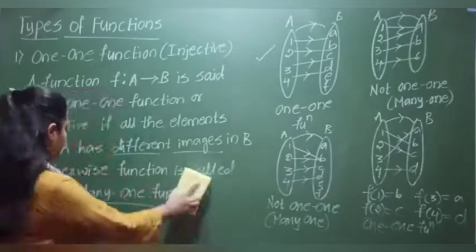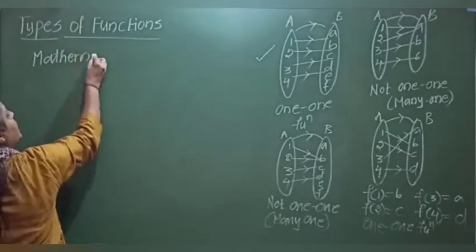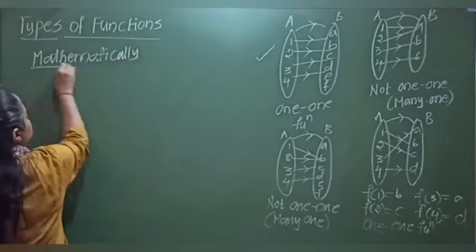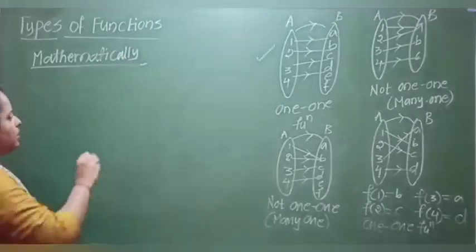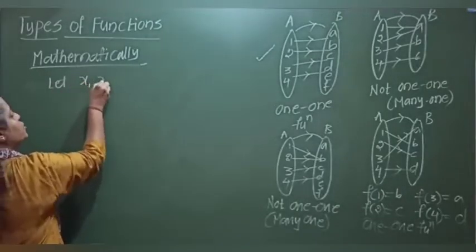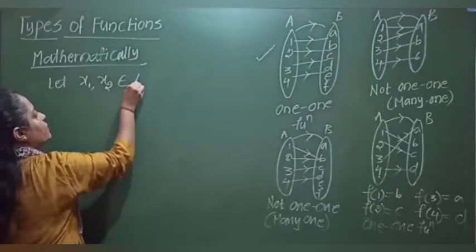We'll see now. Mathematically we can write the definition of a 1-1 function as, let x1, x2 be two elements of the domain.